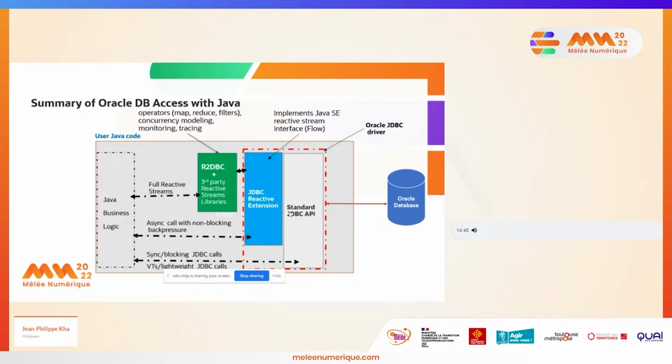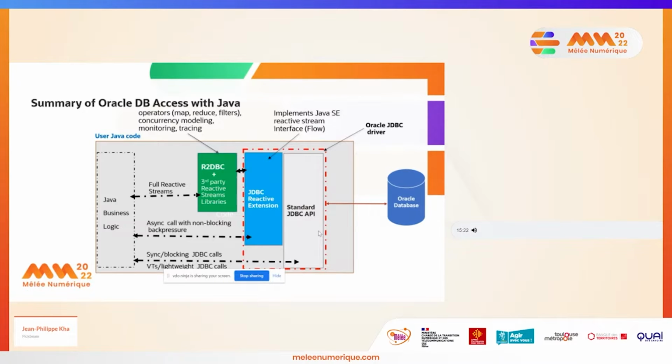We can use, of course, as usual, the standard JDBC API, the classic one with synchronous and blocking JDBC calls. So when you have a query in execution, the entire round trip for your query or your SQL update is a blocking call, and it uses behind the scenes what we now call platform threads, the classic threads in java.lang.Thread.